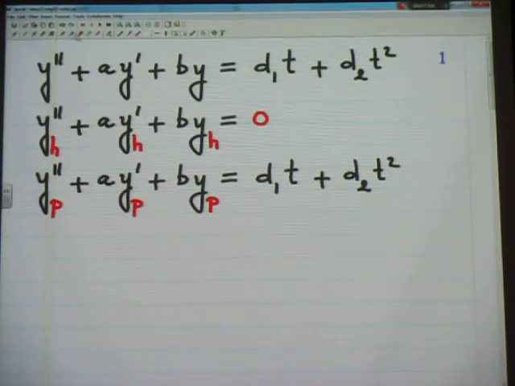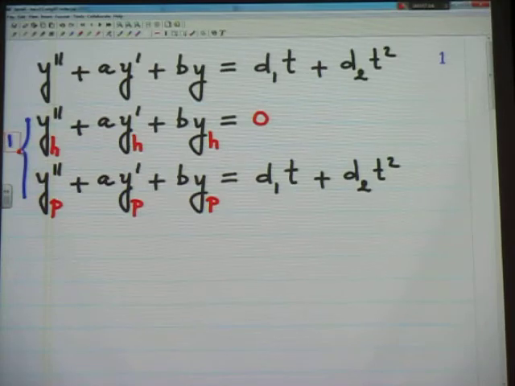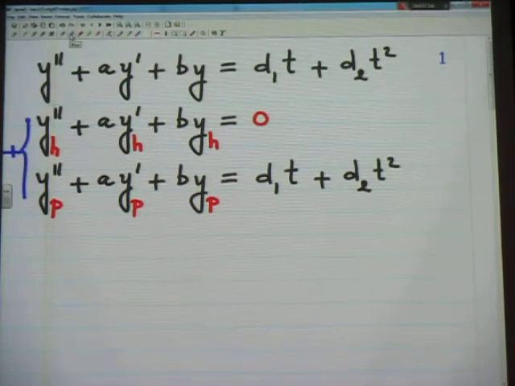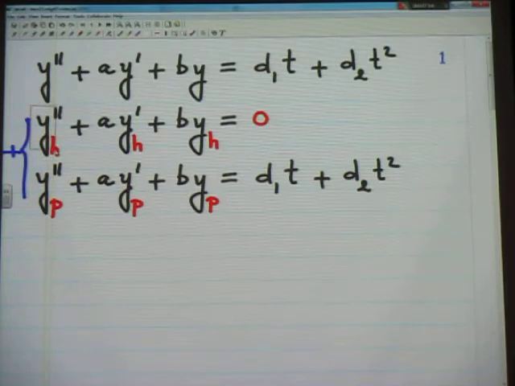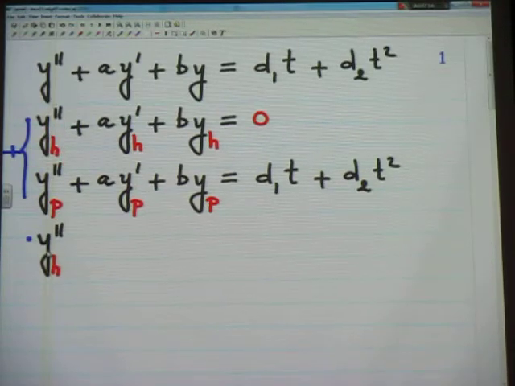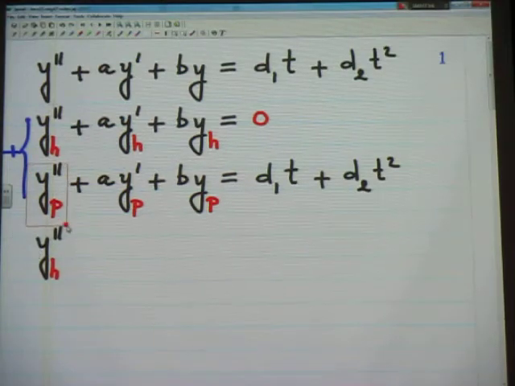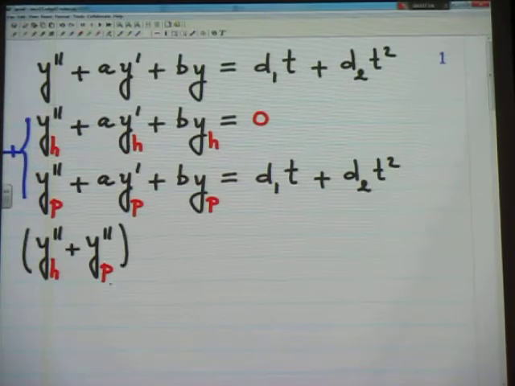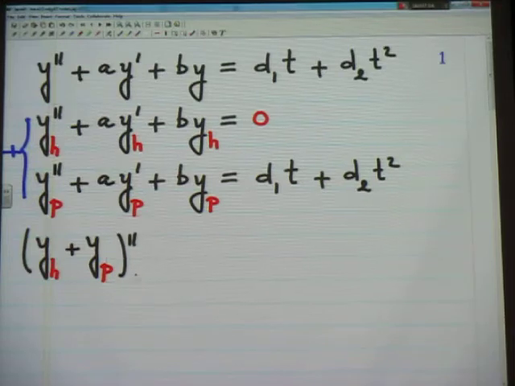So what I'm saying is that if you superpose or add the two equations together, then you would have YH plus YP, and I can move the double prime out. And the same for the first derivative.